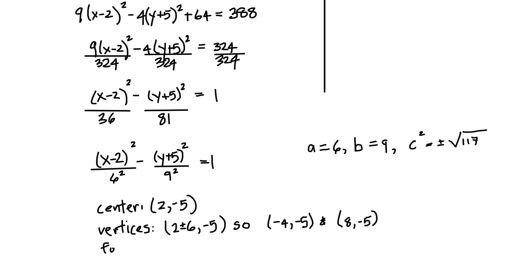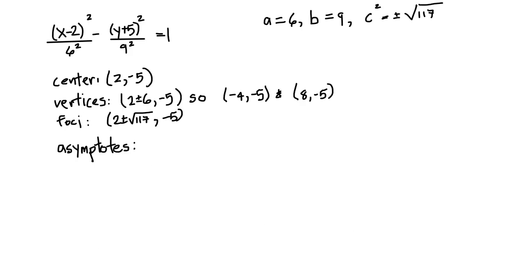The foci are 2 plus and minus the square root of 117, with a y value of -5. The asymptotes are y plus 5 equals plus or minus 9/6 times x minus 2. So that's y equals plus or minus 3/2 x minus 2 minus 5.